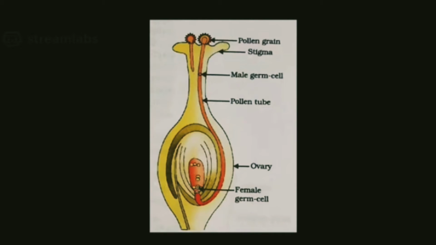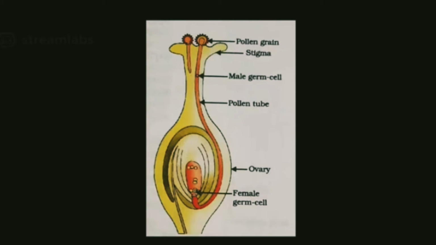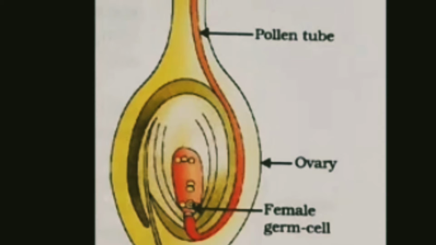The pollen sends a male gamete into the embryo sac. Embryo sac is a place that comprises the egg cell. Egg cell is nothing but the female gamete. That is also called the germ cell.